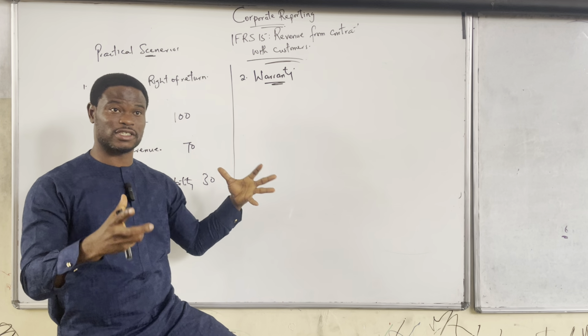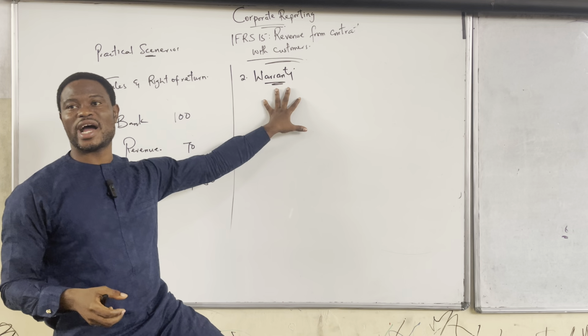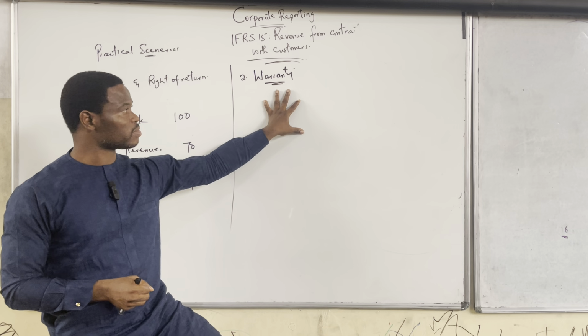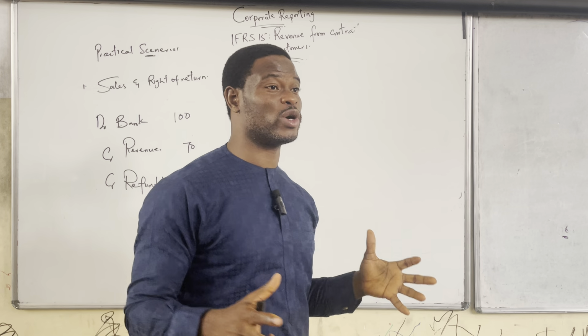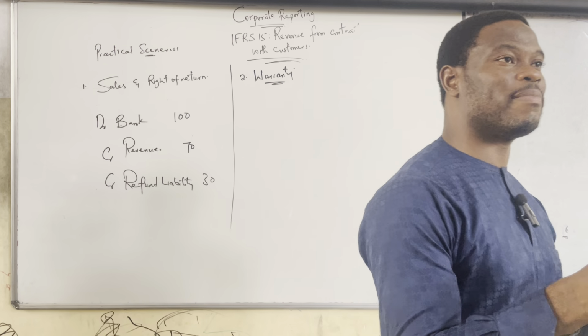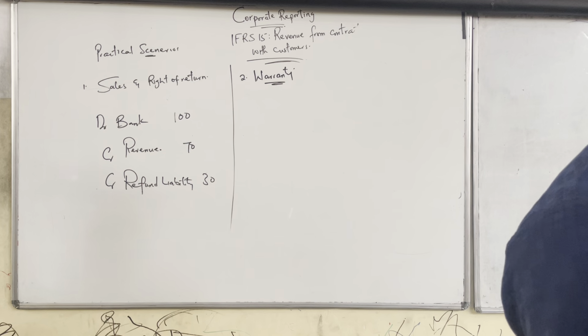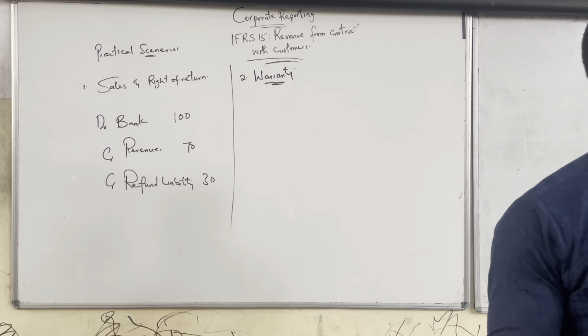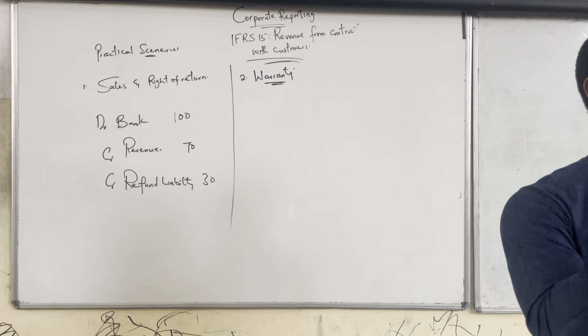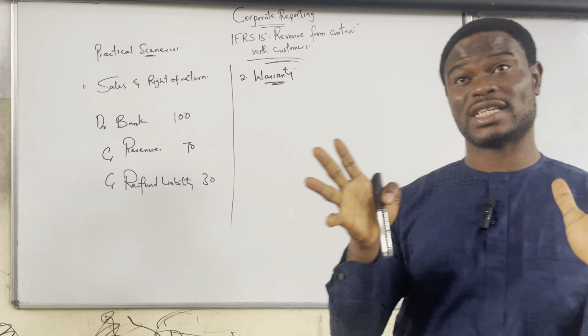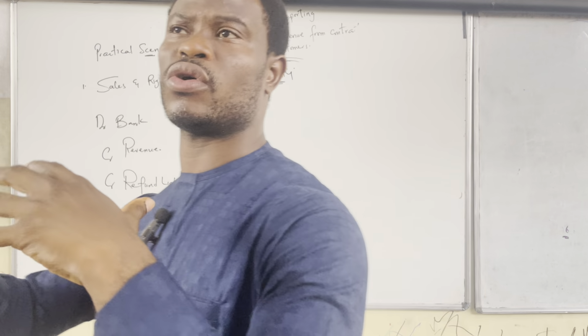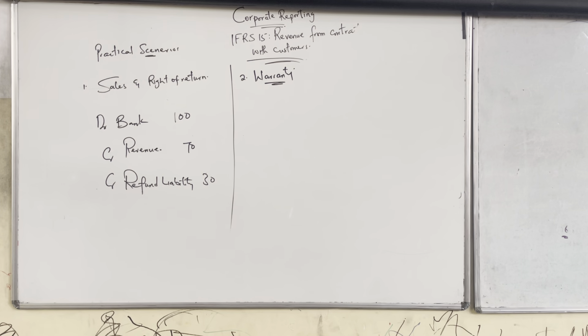Now, when we have a warranty, there is usually a standard warranty, whereby you have promised the customer that the goods will work based on agreed specification. It will work in a certain way.